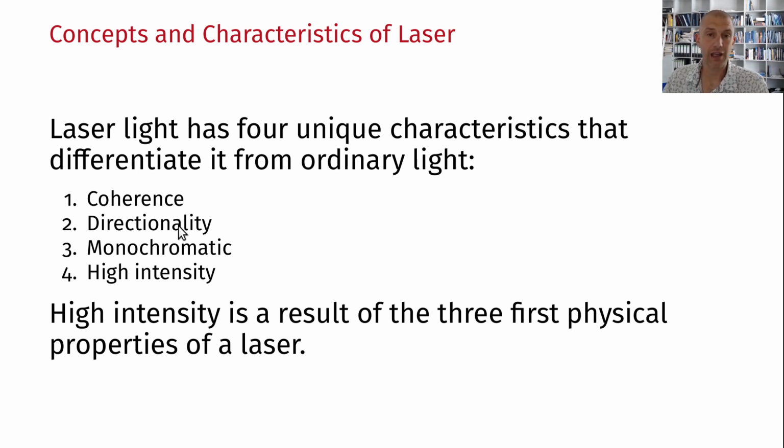They have a high directionality, which means there is not much beam divergence. All the emitted light has the same wavelength. This is a very important point because this allows us to better understand the reflective properties of an object. And the high coherence, directionality, and monochromaticity give us a high intensity, which is what we need if we want to send off that laser beam over a longer distance.